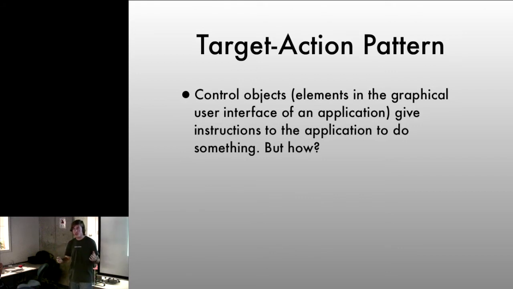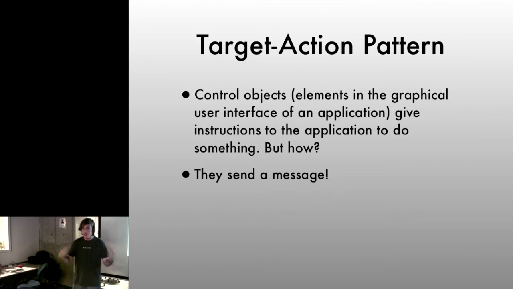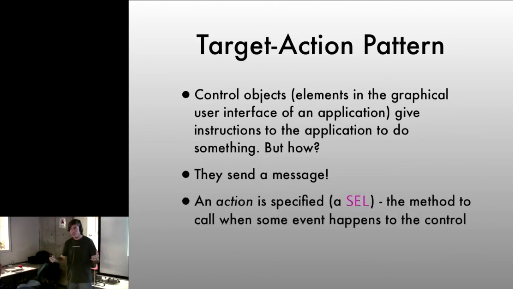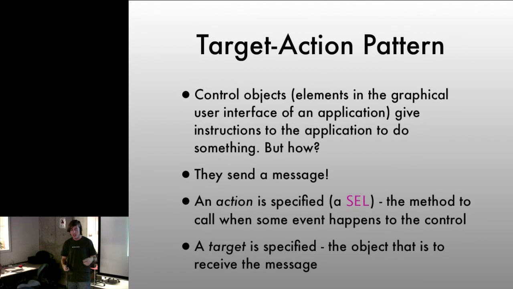The Objective-C approach is, again, more dynamic. It allows us to send a message, so we specify a selector that's just the message we want to send, and then the target to whom we want to send it. So the idea is, we have a button. We want to listen for when that button gets pressed.